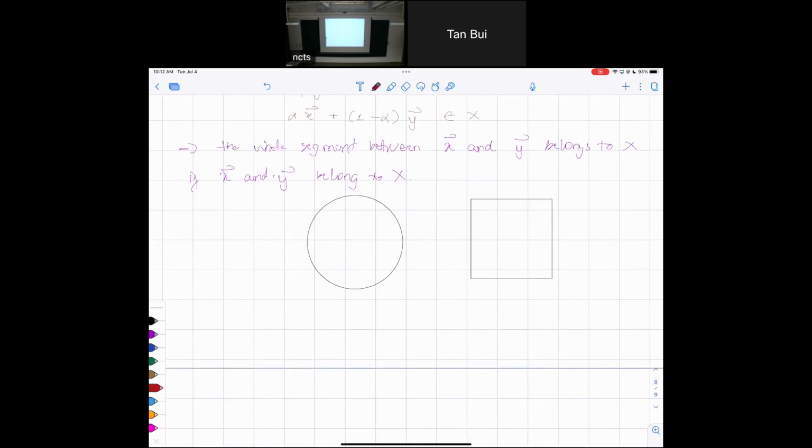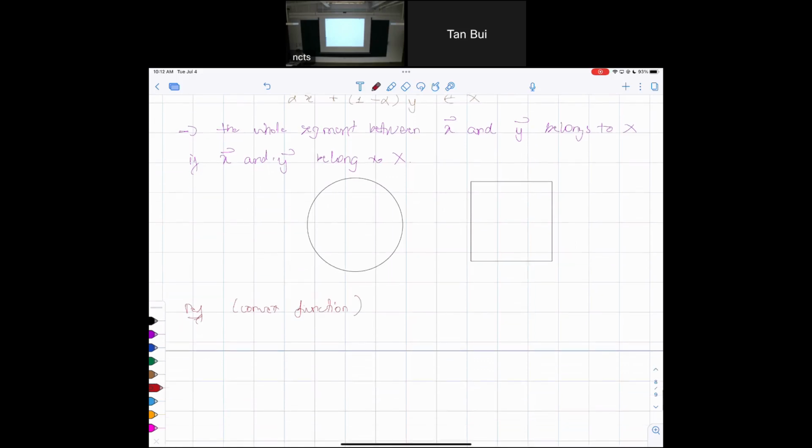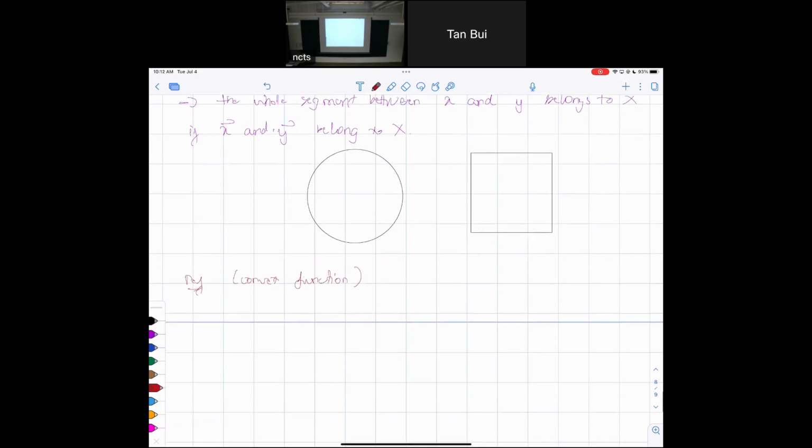Now we next move to the definition of convex functions, because we have undergrad students here. So we make sure that we recall the definitions first, and then we go to the theorem immediately. Okay, convex functions.